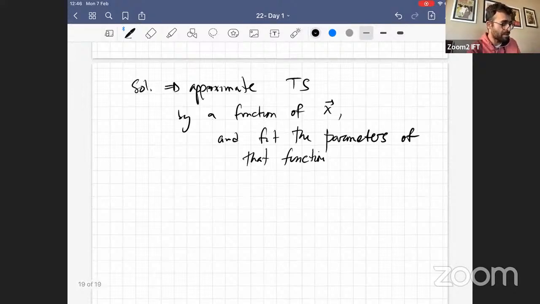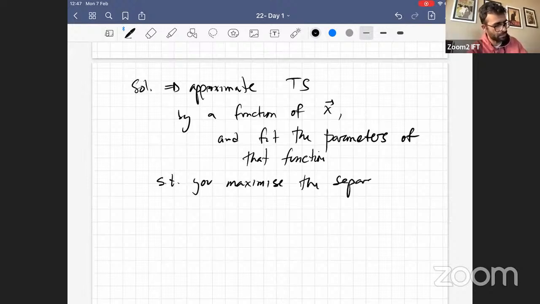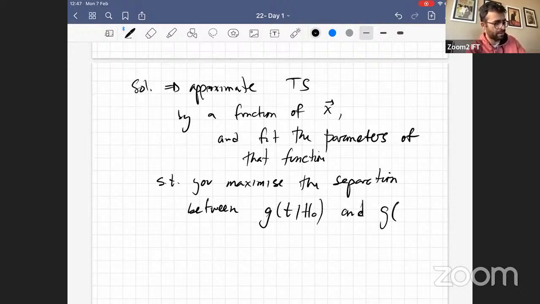such that you maximize the separation between the two hypotheses, between, let's say, this PDF and the alternative PDF.